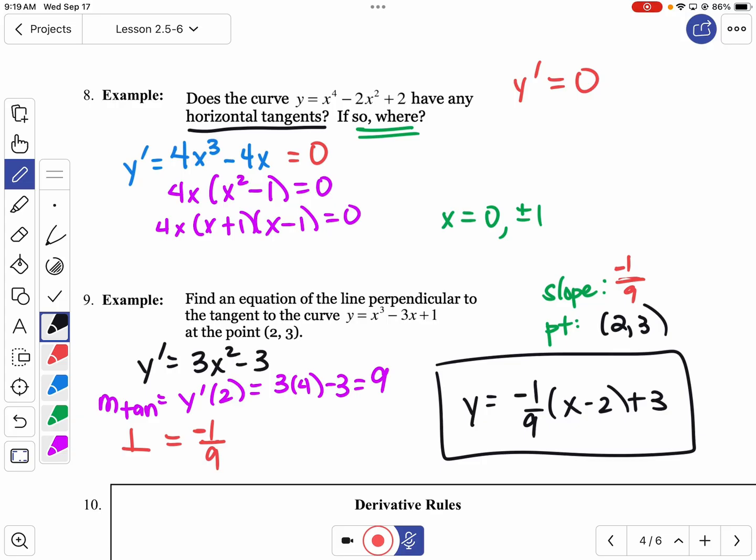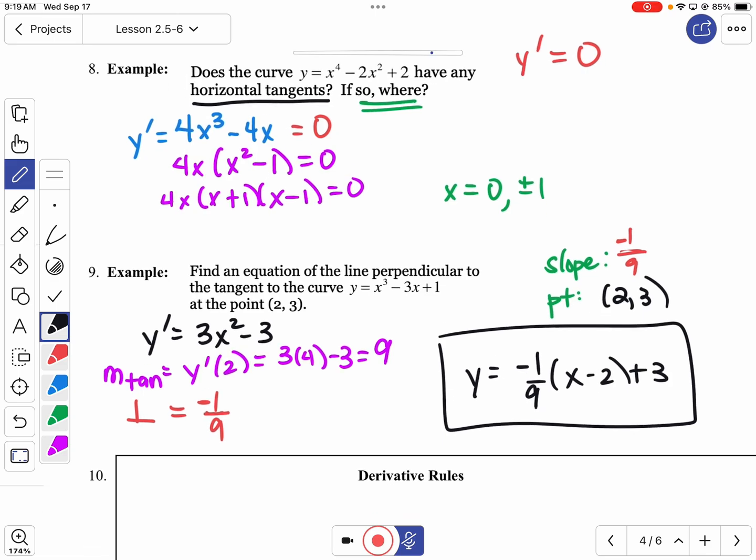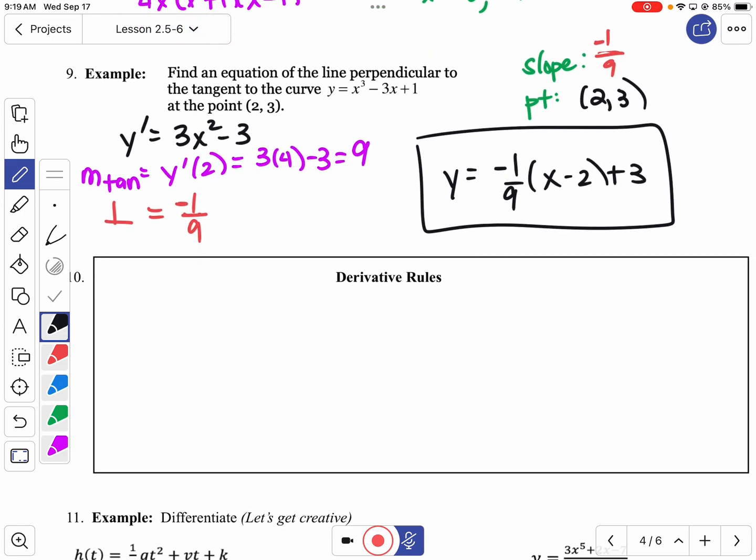Question about using the general power rule and all the good things. Well, let's take it a step farther, just a little bit, and talk about some of the different derivative rules that we have. What if I have a function f of x that is equal to g of x plus or minus h of x?